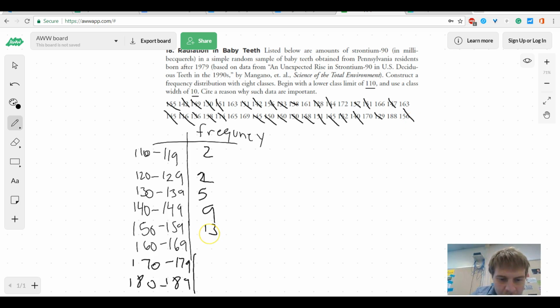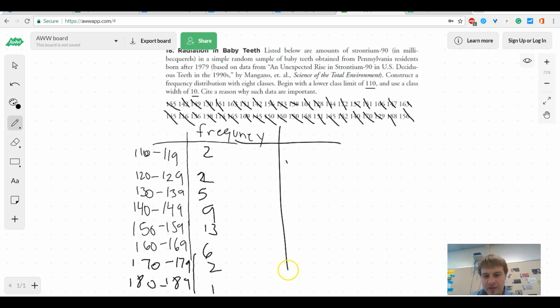That one's a large category. So 1, 2, 3, 4, 5, 6. 1, 2. And 1 for the 188. If you have nothing in a category, that's fine. You can put 0. So that's the frequency.